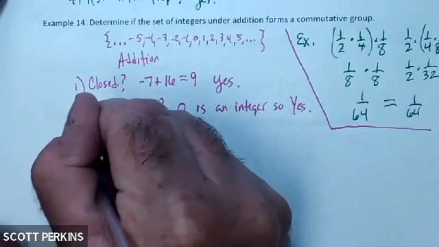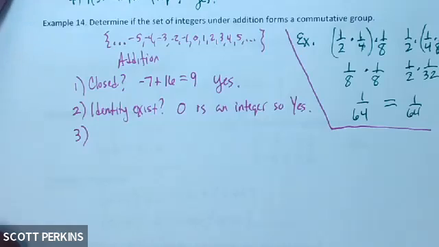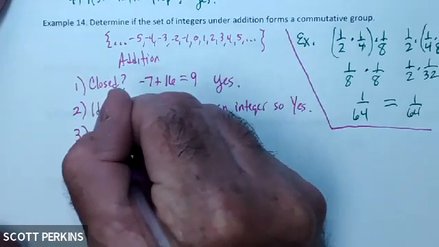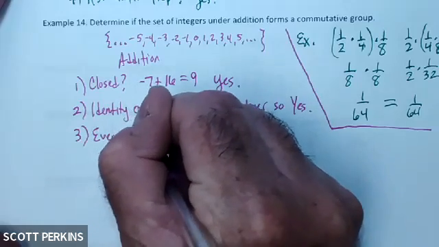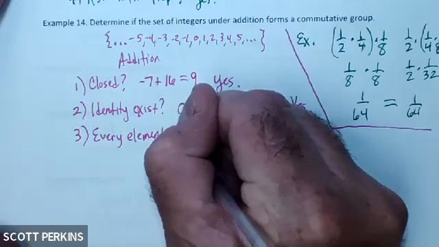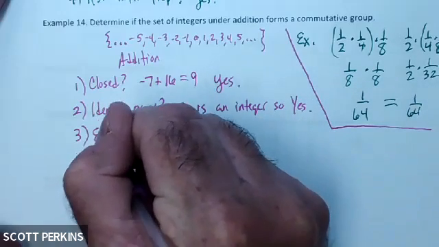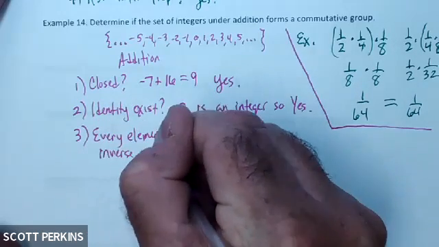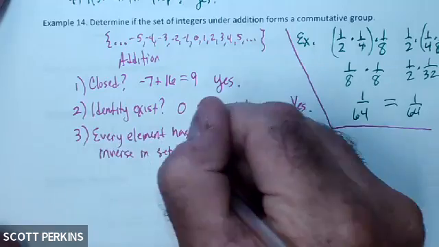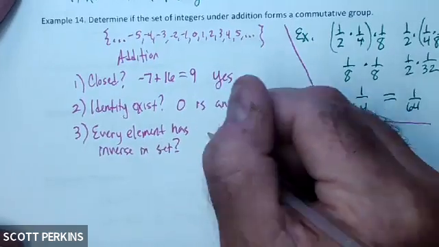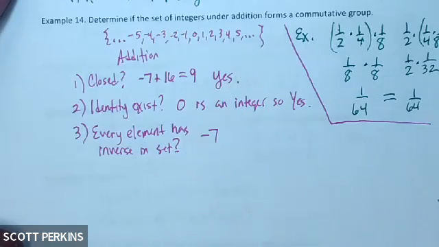So number 3. I want to know, does every element have an inverse in the set? So if I pick any integer, so again, let me pick -7. It was on my mind earlier.